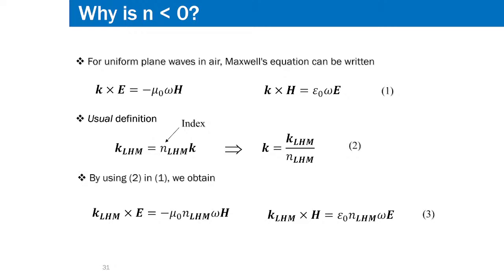So the first equation will be k_LHM by n_LHM cross E is equal to minus mu 0 omega H, from which we will get k_LHM cross E is equal to minus mu 0 into n_LHM into omega into H. Similarly, we will get k_LHM cross H is equal to epsilon 0 n_LHM omega into E. Now remember this third equation. Let us start with this third equation.